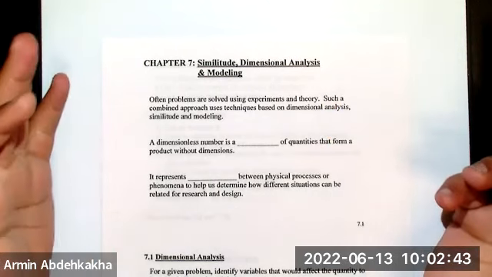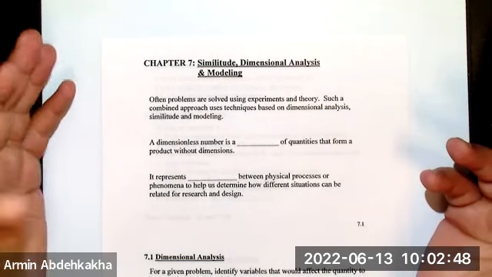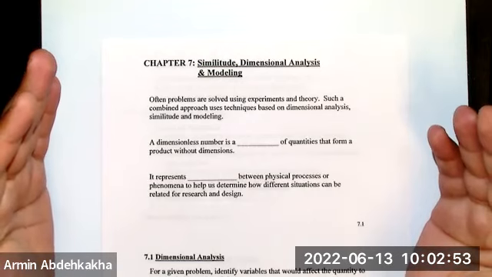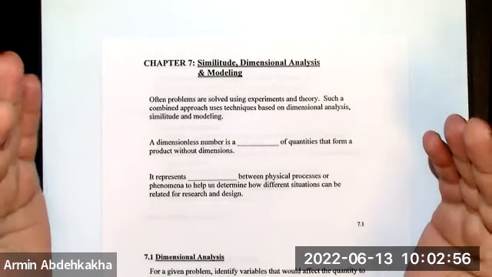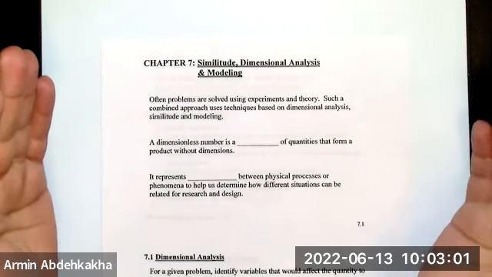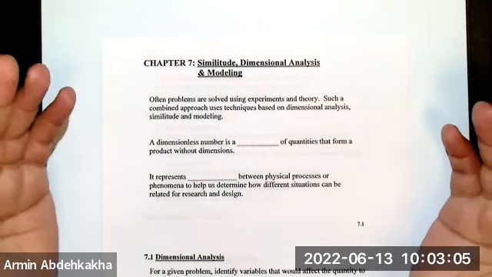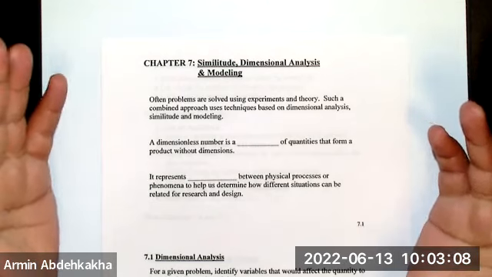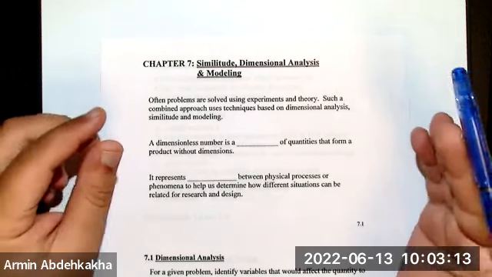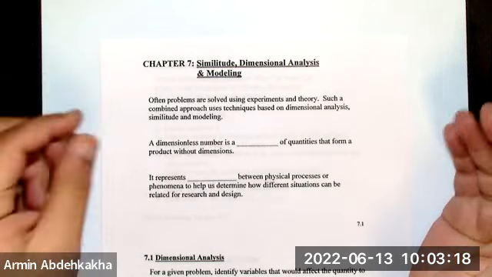Okay, so often problems are solved using experiments and theory. It's obvious, we are doing experimental fluid mechanics. You have two types: numerical simulations and experimental study. Numerical study is just using the equations and modeling software like CFD methods, but experimental is half of this study, fluid mechanics.